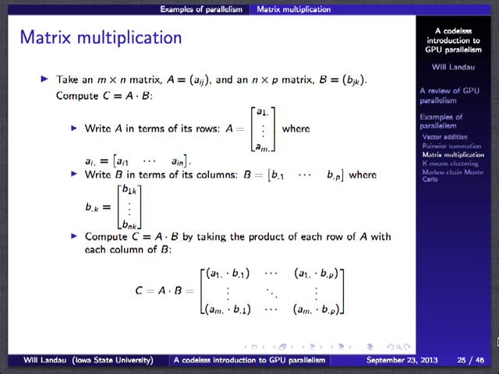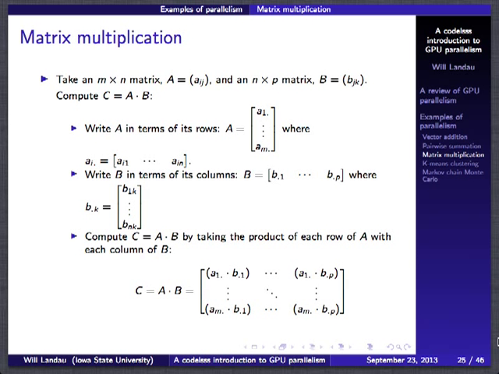You can write out C, which is the product of A and B, just as an array of dot products, right? So each element is the ith row of A times the jth column of B, inner product style. And I wrote it out this way because each one of these elements can be computed independently, right?